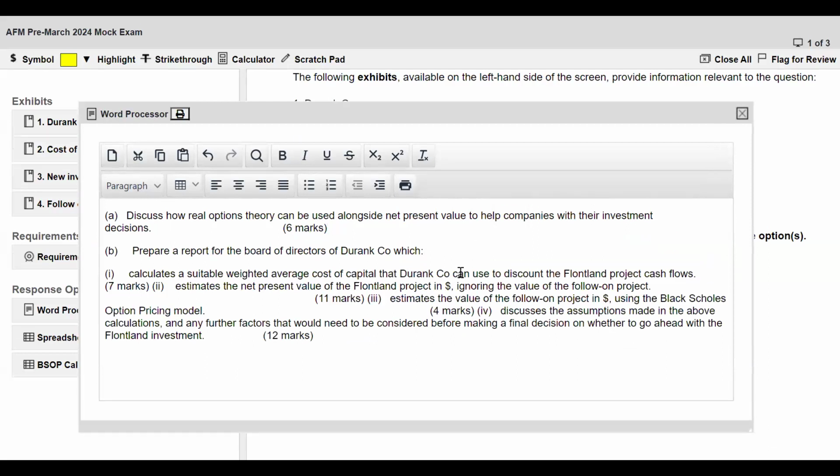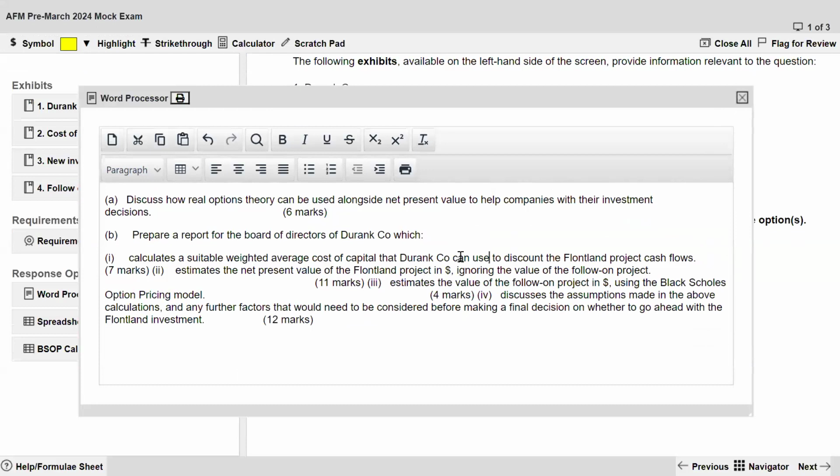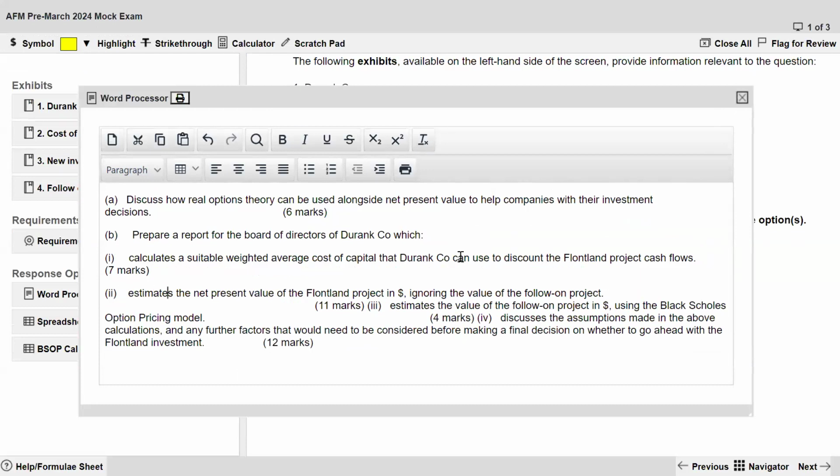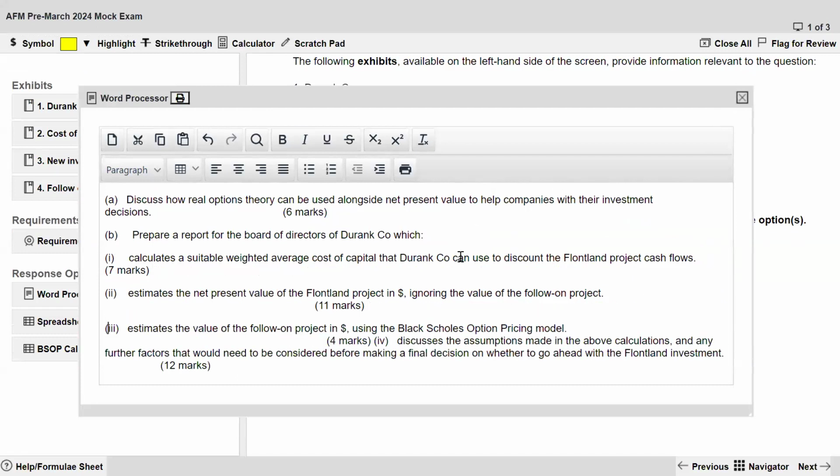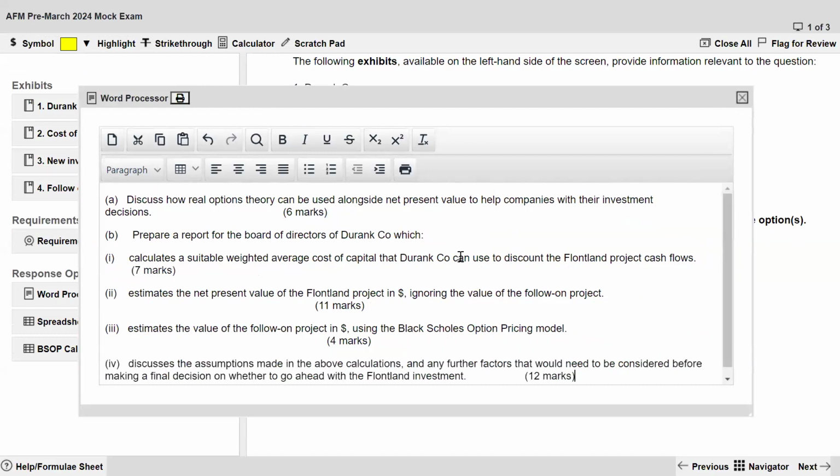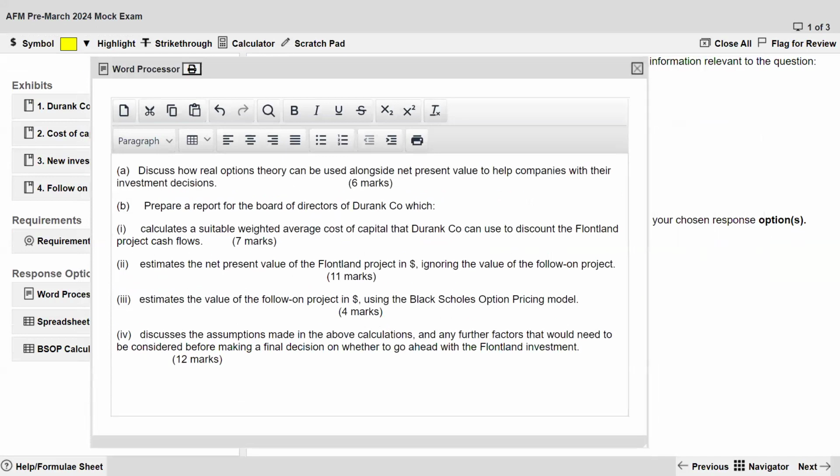Okay, so we have got these requirements, and I've copied all of them in here.